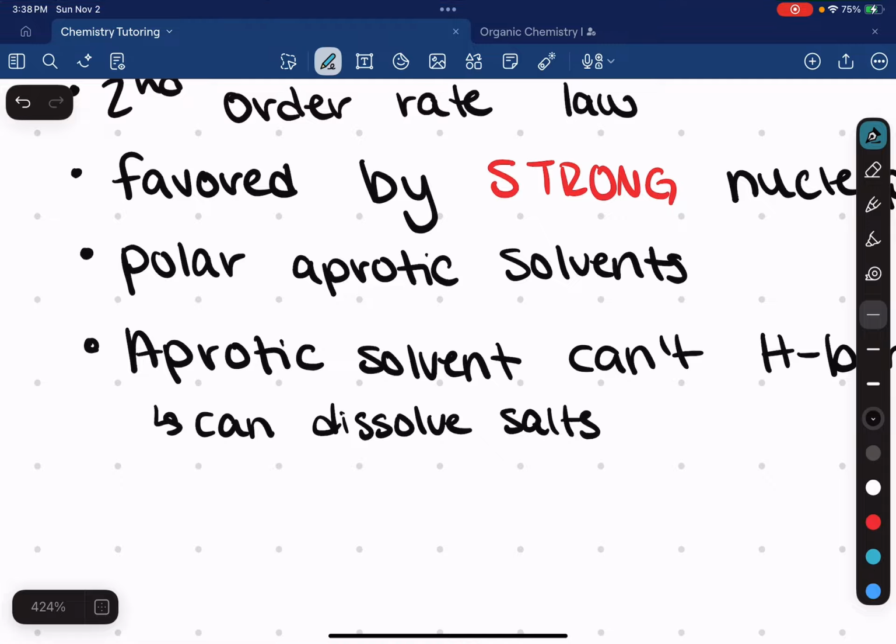Let me think of how to explain this. So it can't hydrogen bond, meaning it doesn't have a hydrogen to donate. And they have a net dipole moment. I'm trying to think of examples.